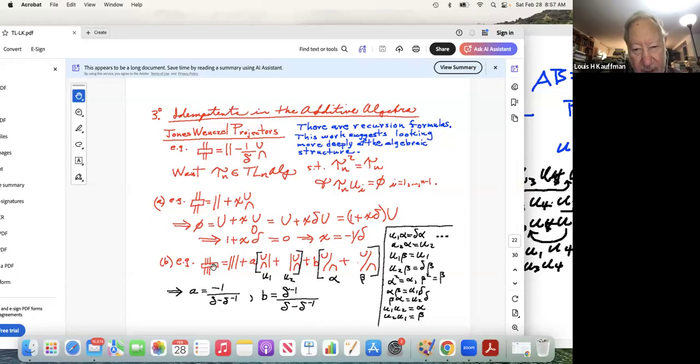So if I wanted the 3-strand projector, I could say, well, I want a linear combination of all of these elements in the algebra, and then I want it to satisfy some conditions. So, for example, you might take the condition that you want it to satisfy as that it should square to be itself and that it should annihilate all the U_i's. That's the condition that gives you the Jones-Wenzl projectors.